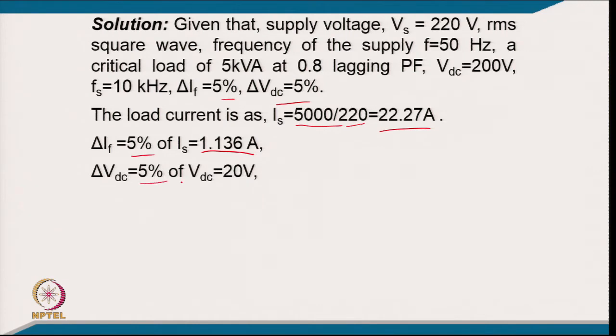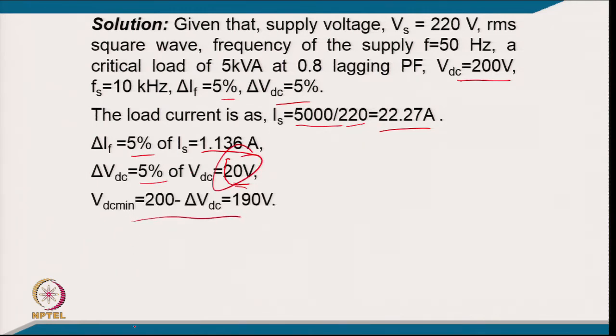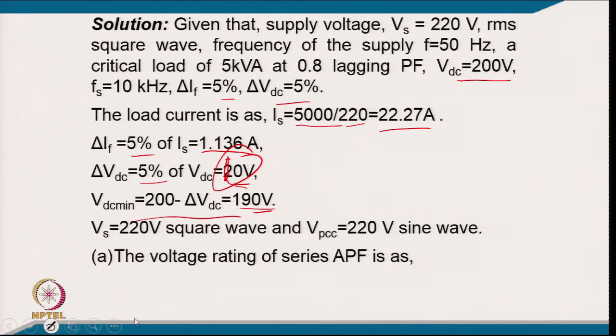And 5% of the DC link voltage of 200 volt is typically 10 volt, so VDC minimum comes to 190 volt. The supply voltage is a 220 square wave, so VPCC is a 220 sine wave.